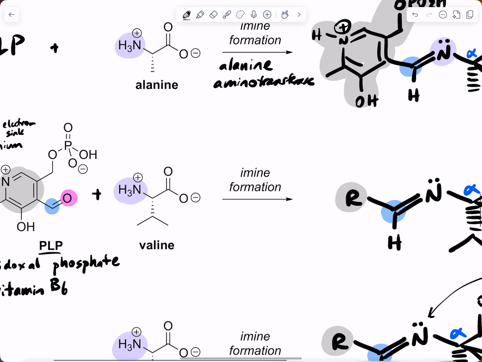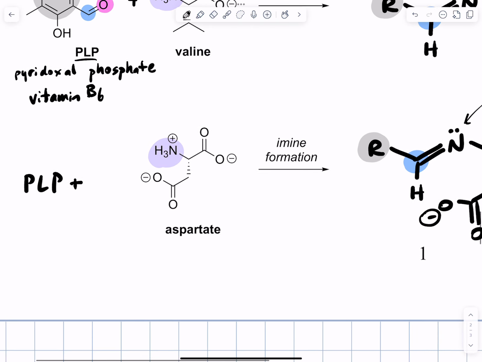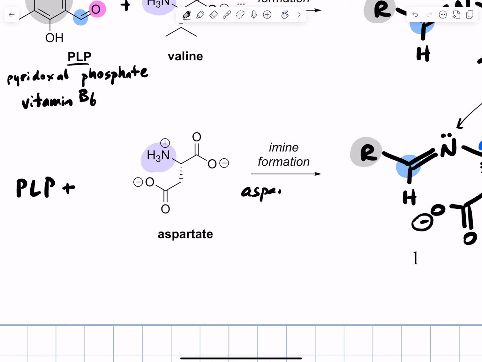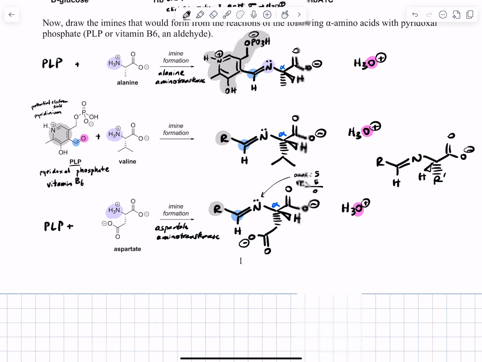And valine would be called valine aminotransferase, aspartate would be called aspartate aminotransferase, illustrating how enzymes are named again with the substrate first and then what the enzyme does next.